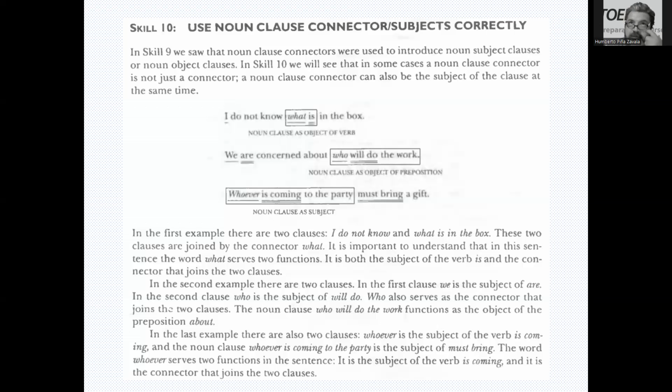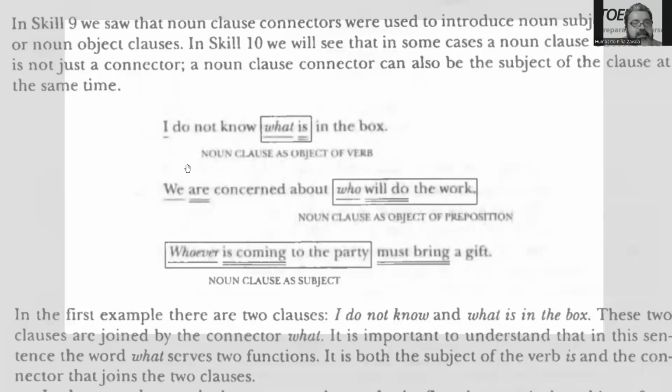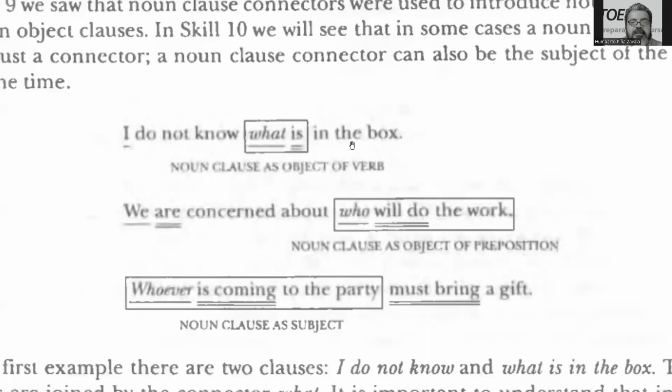And we have also the subject, verb, everything in the noun clause. But in this case, the connector is going to do two jobs. It's going to be a connector. It's also going to be the subject. So take a look at the example here. It says, I do not know what is in the box.